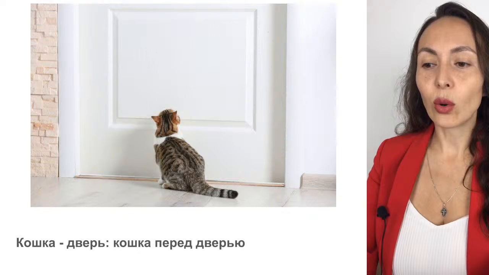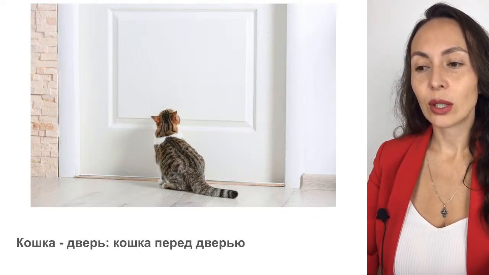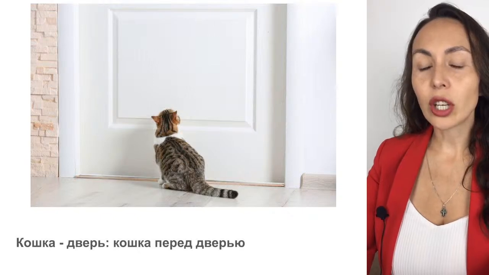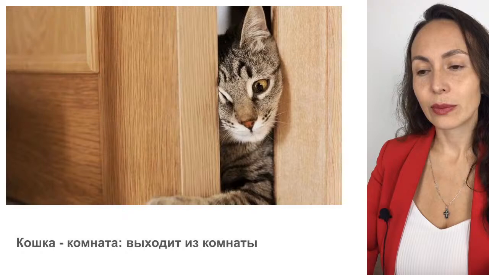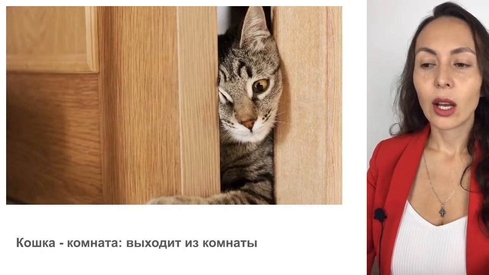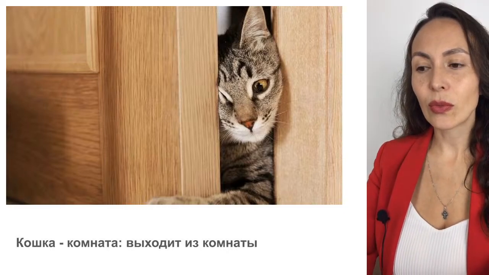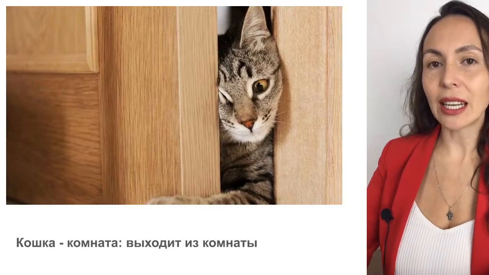Another one, кошка и дверь. It's clear, right? She's waiting there in front of the door. Кошка перед дверью. Then, кошка is trying to get out. Кошка, комната, she's getting out of the room.